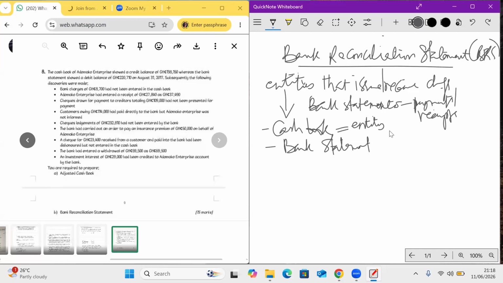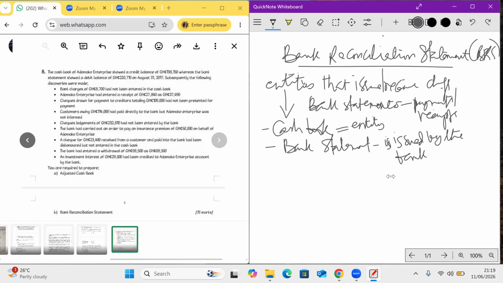The bank statement is issued by the bank. So when the business takes the cash book, it would find we are reconciling.